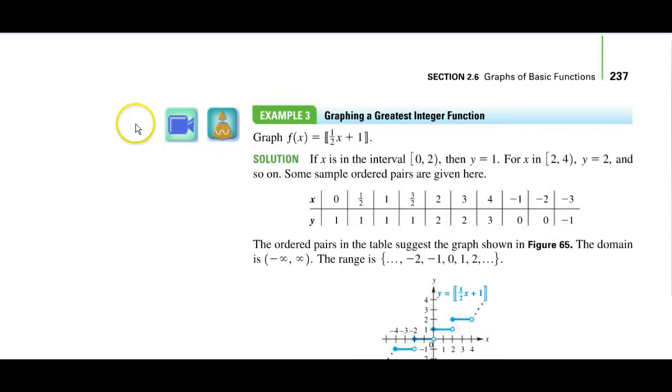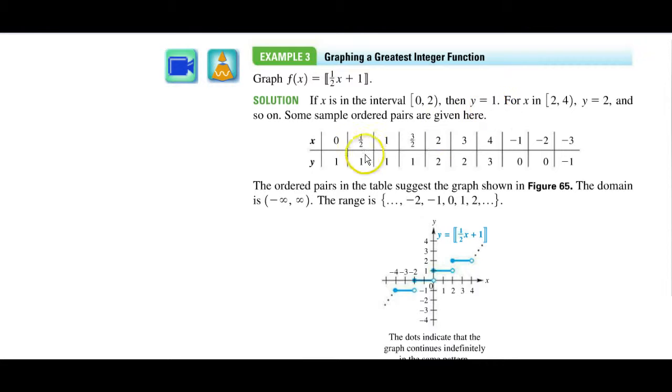Now, graphing the greatest integer function, and here the author makes a t-chart, but makes it sort of sideways. And here are your x values as we see them, and our y values as we see them.